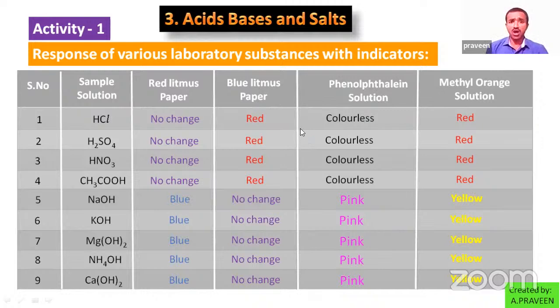With that, you can identify the nature of the substance, either acid or base, and also identify salts, if there is no effect on the litmus paper, methyl orange, or phenolphthalein. That observation is also given in this table.